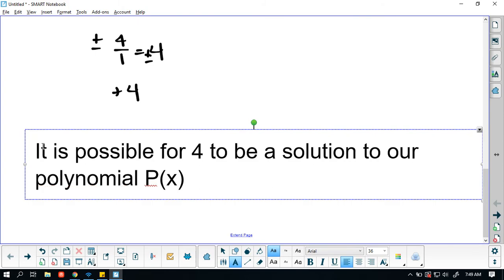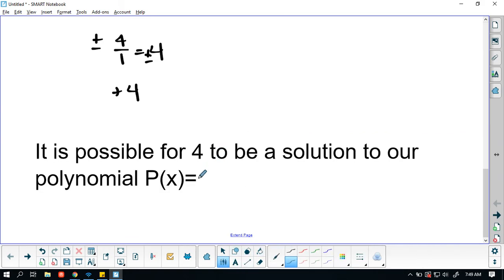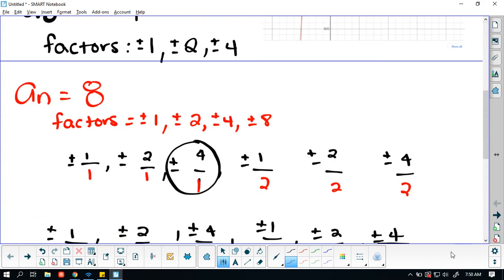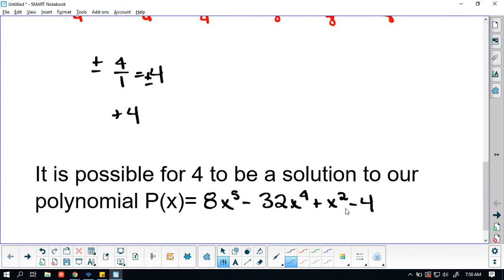And then I'm going to write this one out because my notepad does not like equations so well. 8x to the 5th minus 32x to the 4th plus x squared minus 4. And there you go. There is the rational root theorem being worked out and seeing if 4 could be a possible solution.